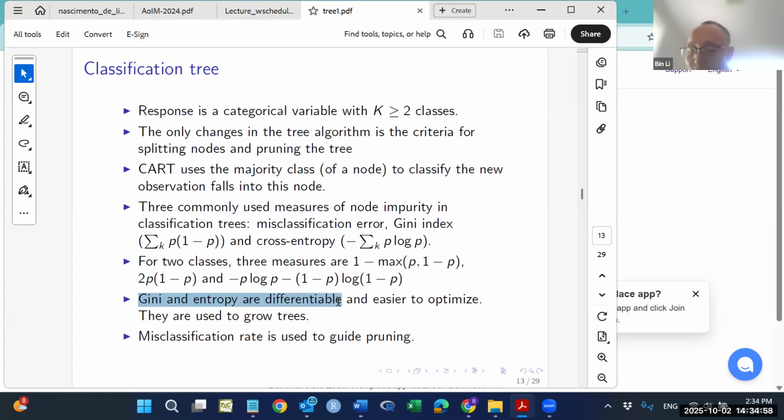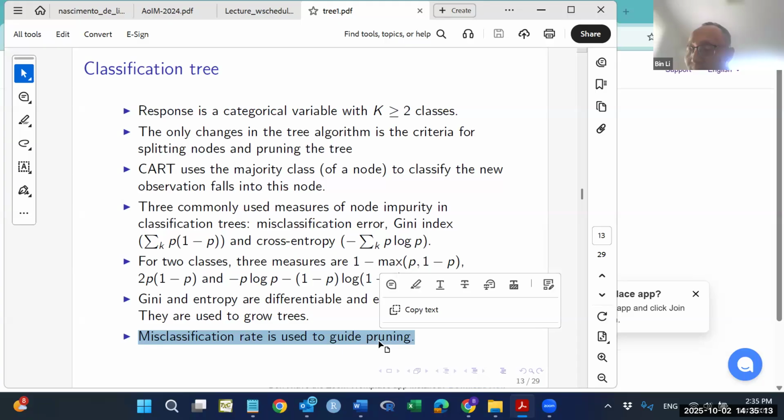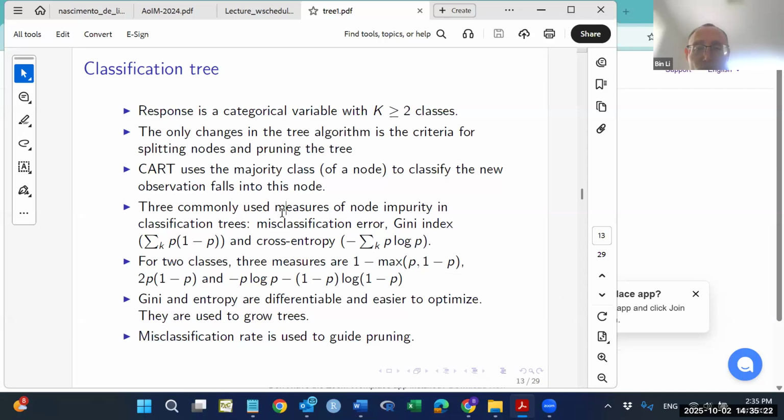Because they are differentiable and easy to optimize. And for the second step, when pruning a tree, usually misclassification rates are used to guide the pruning. That's the difference between classification and regression trees. You don't need to know the details, but that's the difference.